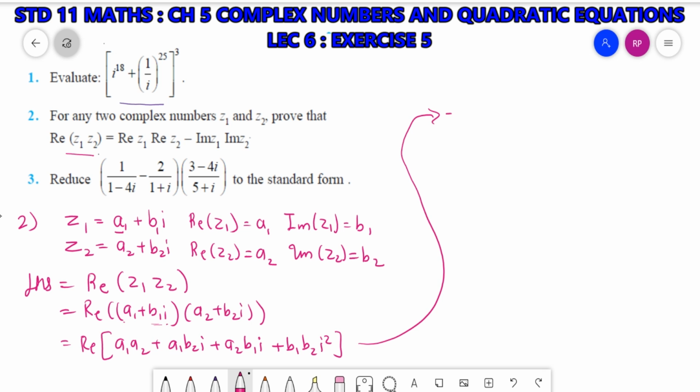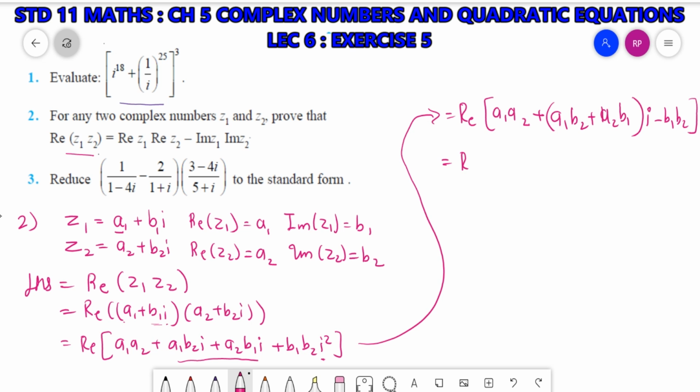So this will be equal to the real part of a1 a2 plus, I can take i common from these two, (a1 b2 + a2 b1) i, and i square is minus 1, so minus b1 b2.